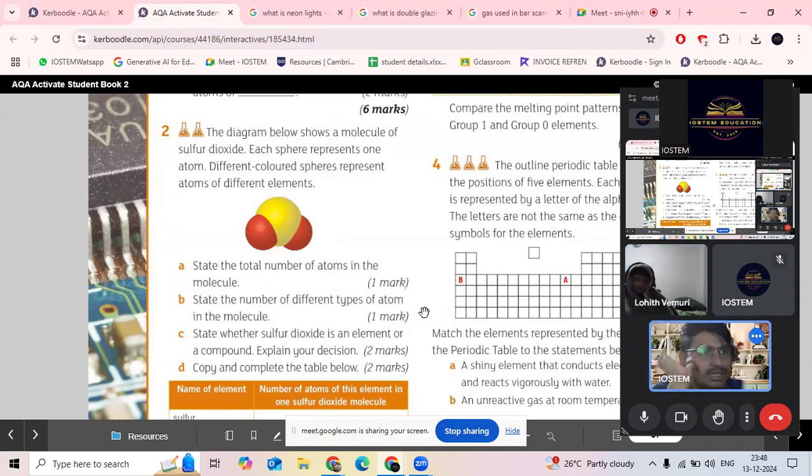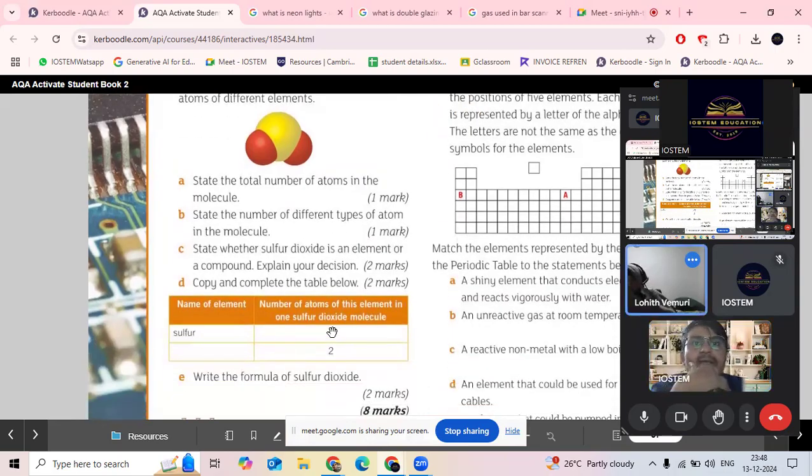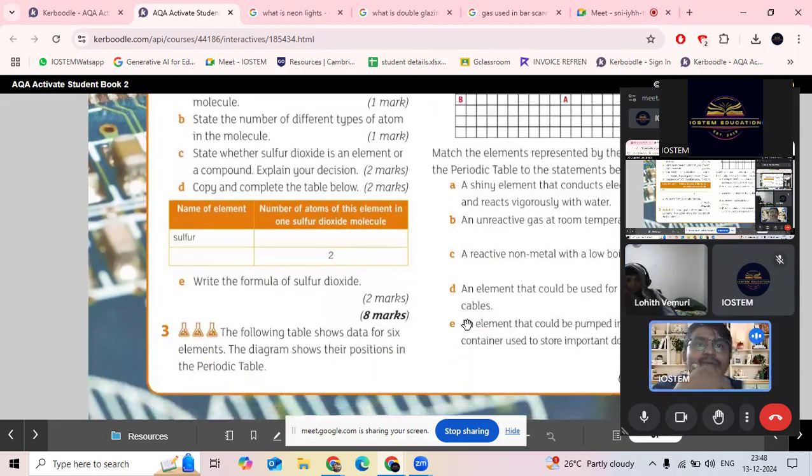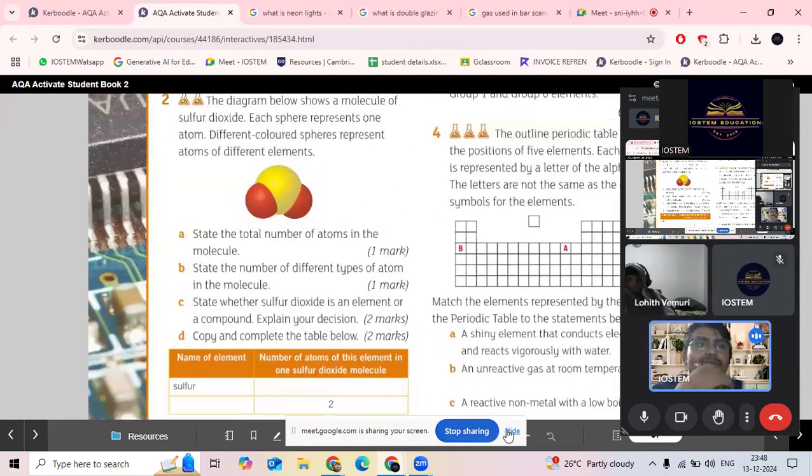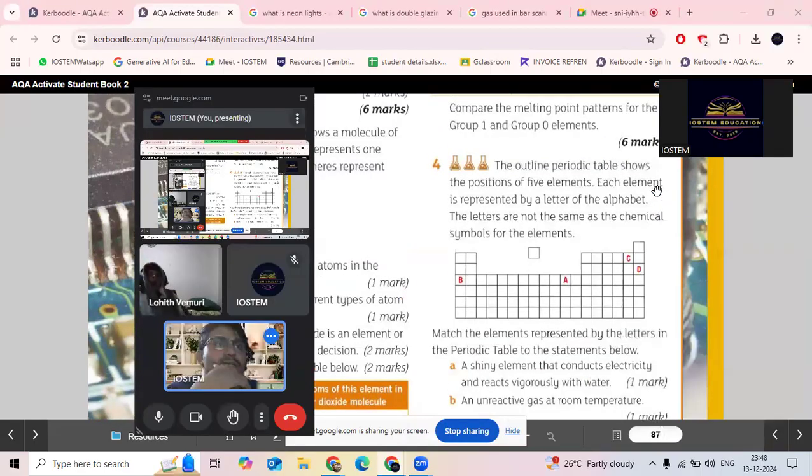You can write something like that: it's a compound because sulfur dioxide is the combination of two elements, sulfur and oxygen. Okay. Number of atoms and elements in one sulfur dioxide molecule, that is not a question.